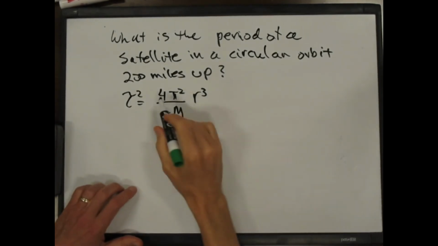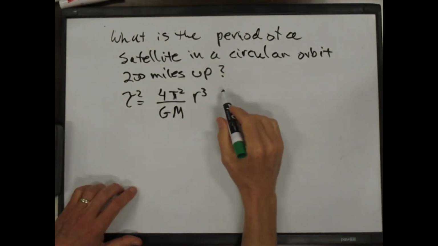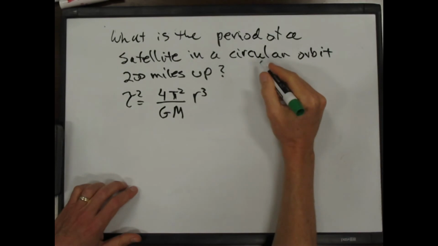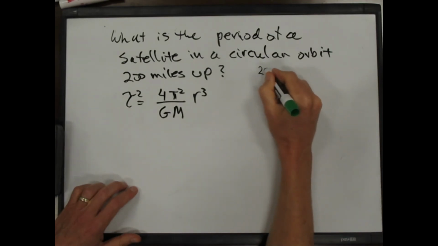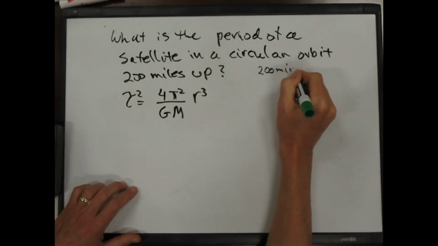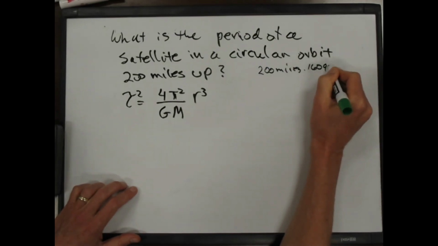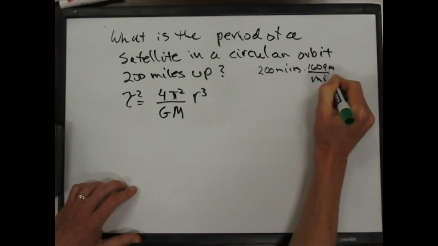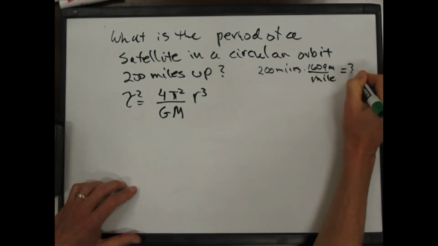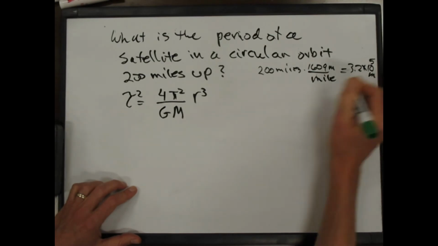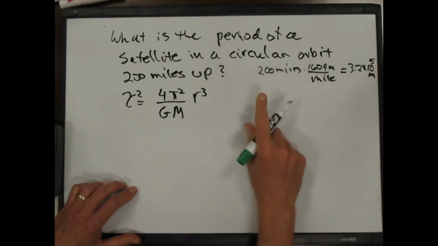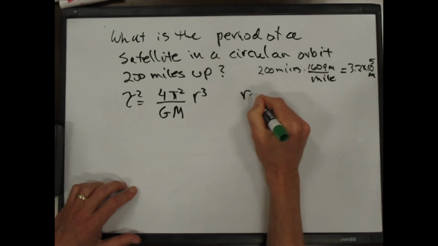So here's another question. What's the period of a satellite in a circular orbit 200 miles up? 200 miles times 1609 meters per mile is about 3.2 times 10 to the 5th meters. But that's how high it is above the surface.